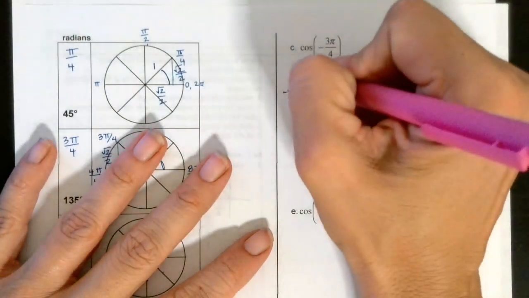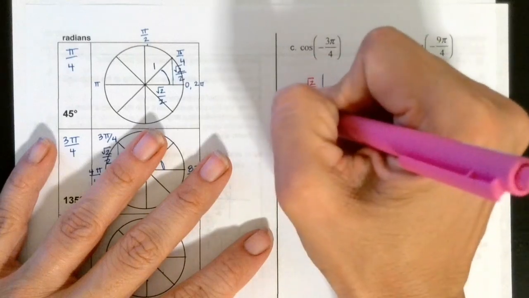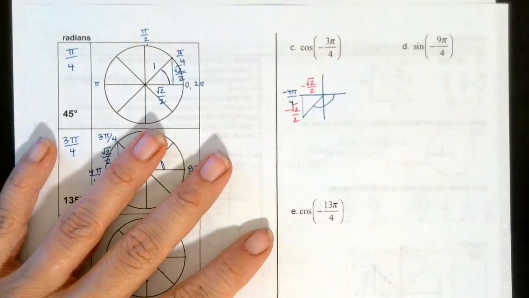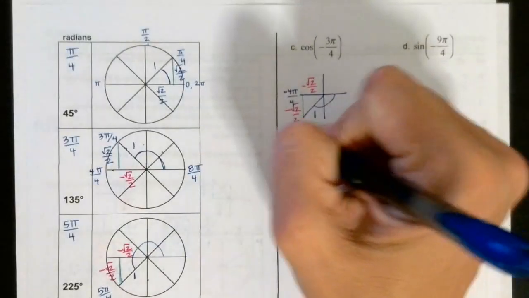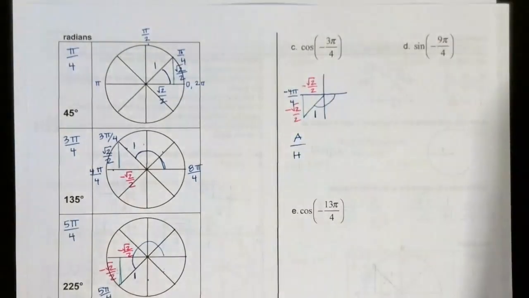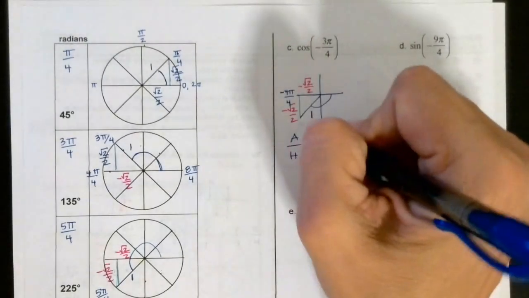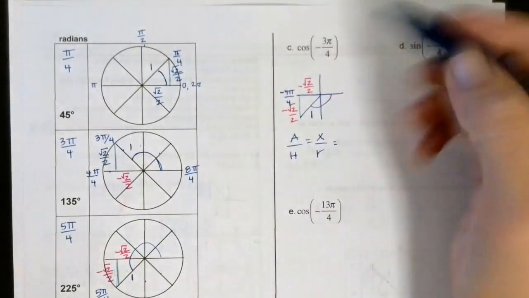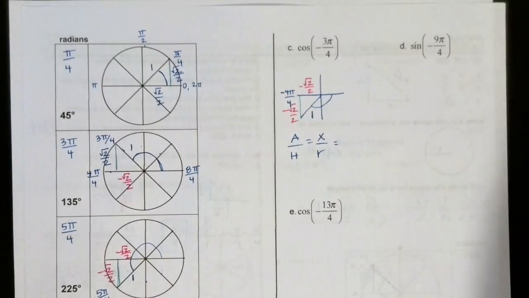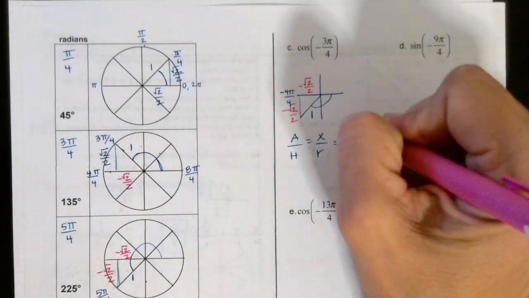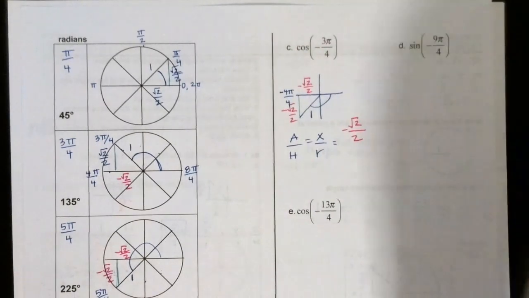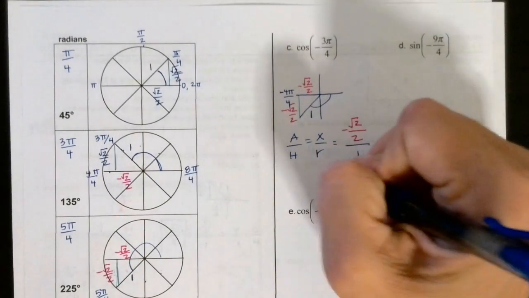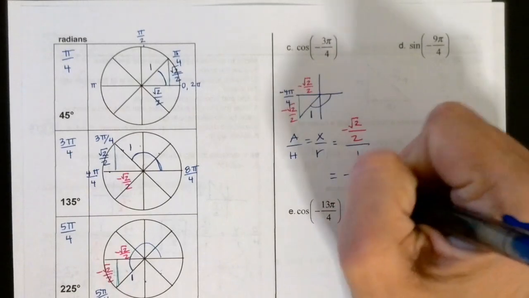We're just going to label negative root 2 over 2, negative root 2 over 2, and this is 1. Cosine is adjacent over hypotenuse, or x over r. So if I do the x, it's going to be negative root 2 over 2. And then the r, or the hypotenuse, is 1. So that's negative root 2 over 2.